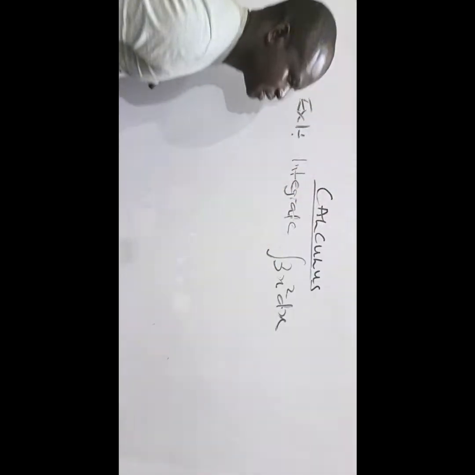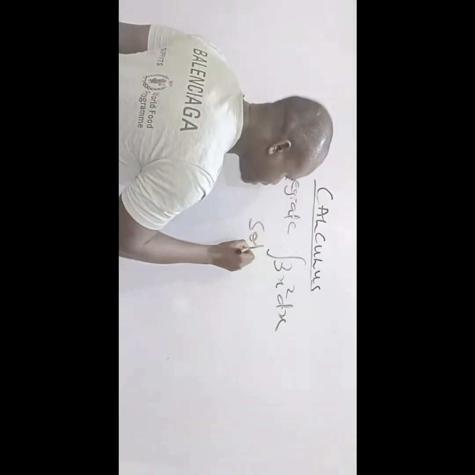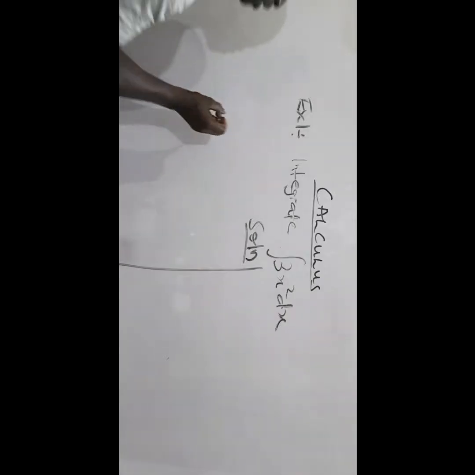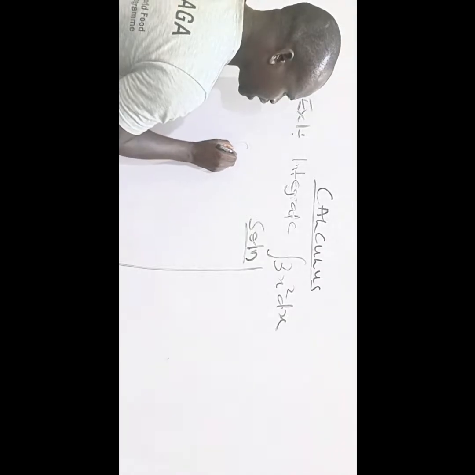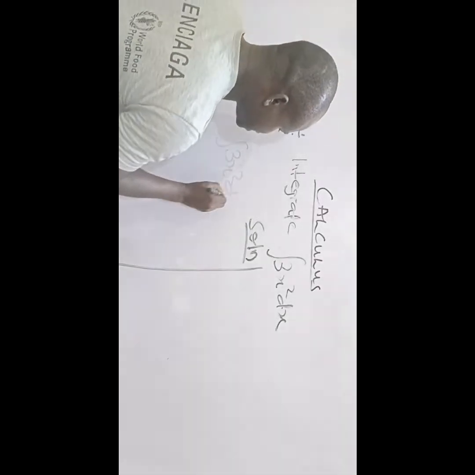It's very simple, but as I've said earlier, go and do revision on one of my videos called the special functions. If you understand the functions, there won't be any problem. Integral of 3x squared dx, this is what we have.